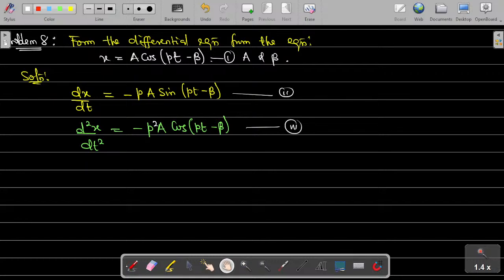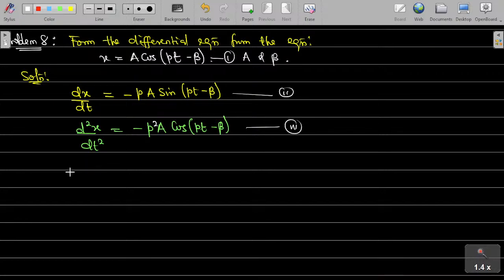Okay, so let's go. So what do we do now? From what we are given, if we substitute from equation 1, watch what we have here. You can see that our equation 1 can actually go into equation 3. Okay, so equation 1 is a cos pt minus b, and I have it here.